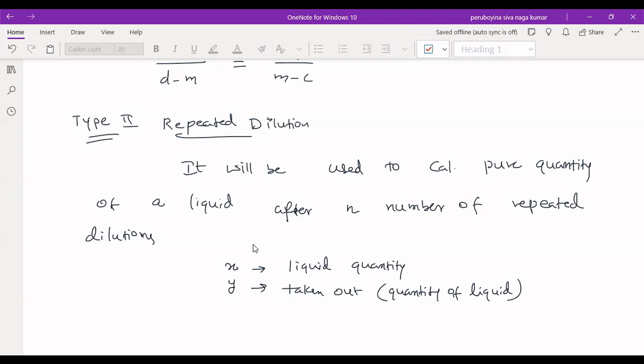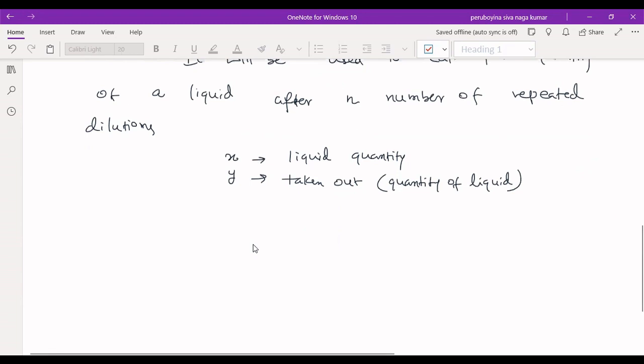X and Y represent the same liquid. X means the initial quantity of the liquid, and Y is what we take out every time.